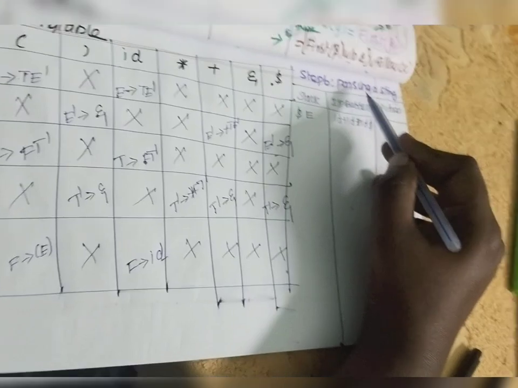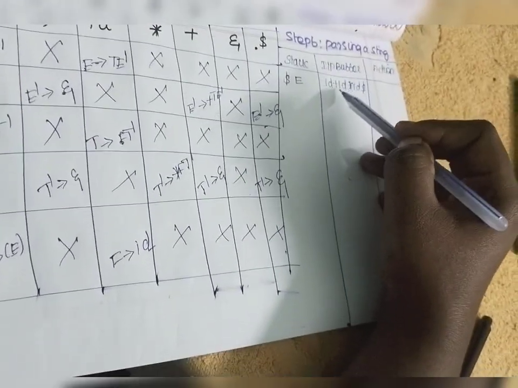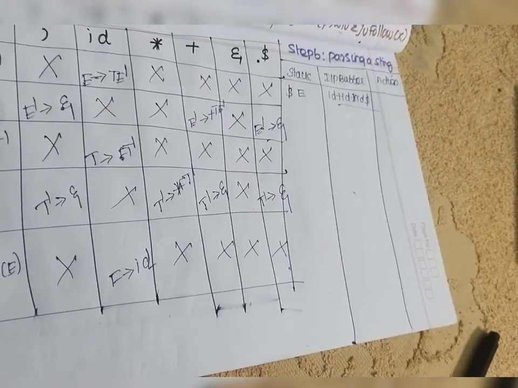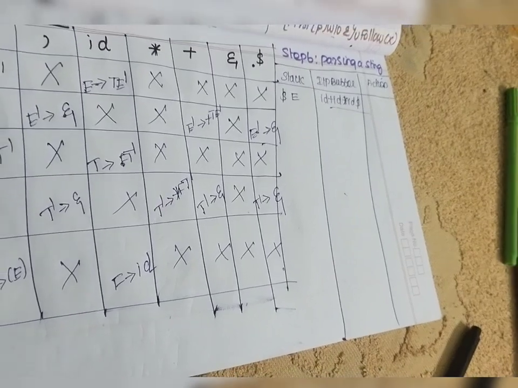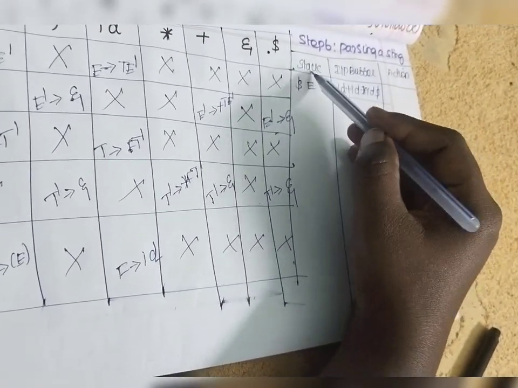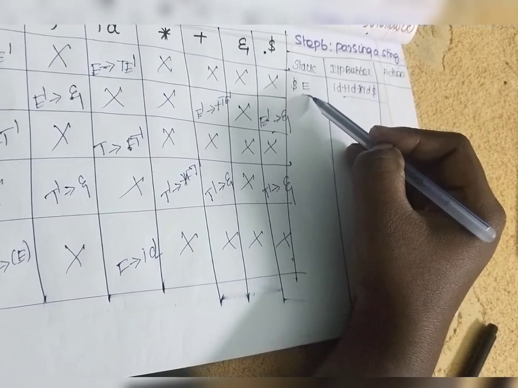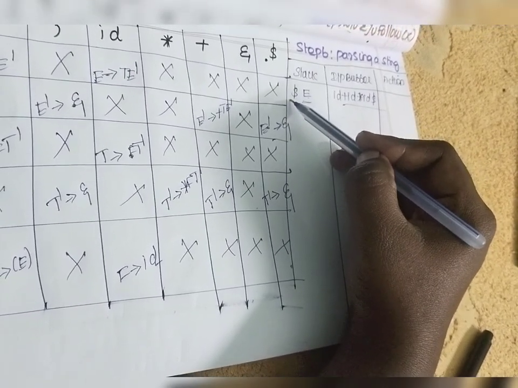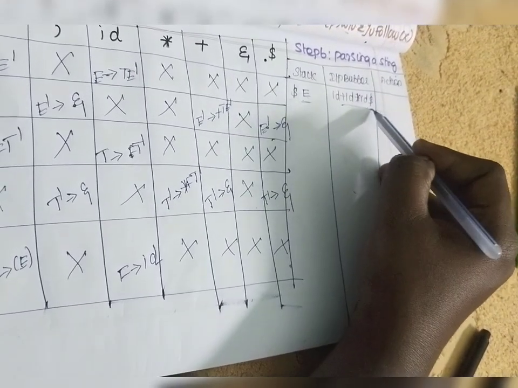Step 6, parsing a string. The question gives a string, and you have to do LL(1) parsing. They are having stack as well as input buffer. In your stack they are having the starting symbol only, and it will end with the dollar symbol. Here also it ends with the dollar symbol.